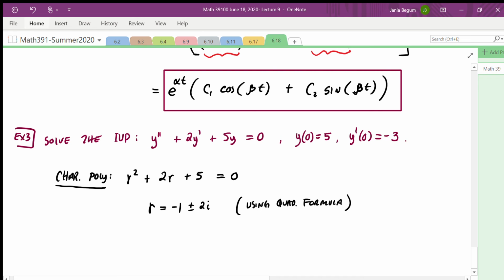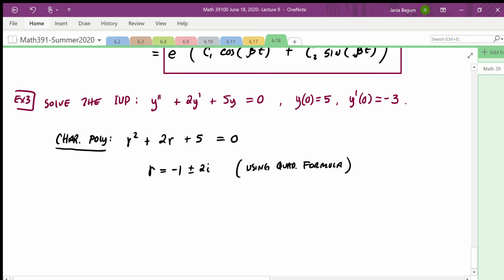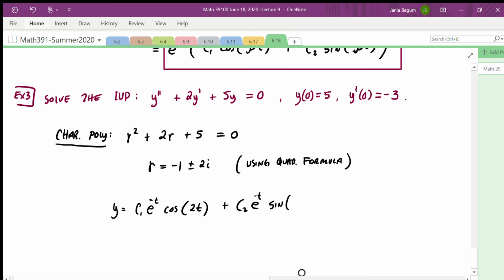Okay, so we know alpha is -1, beta is 2, so we just plug it into our solution form. So we know our solution is going to be c1 e to the alpha t, so that's -1t. So I'm just going to write -t because it's silly to write -1t. e to the -t cosine of beta t, beta is 2, plus c2 e to the -t sine of 2t.